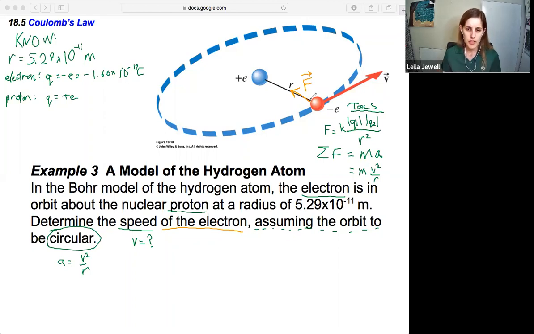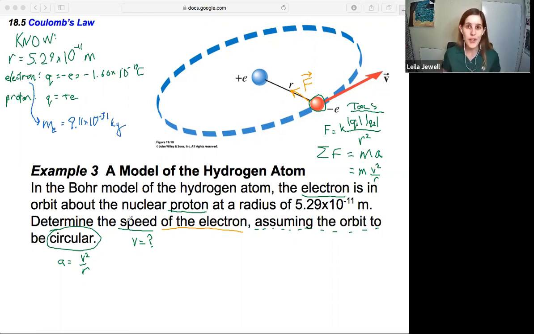Well, remember, we're focused on this electron here and what it's experiencing. Do we know anything about the mass of the electron? Why, yes, in fact, we do. If you remember back in the very first section, we talked about the mass of the proton, neutron, and electron. So here we're going to pull in the mass of the electron. The mass of the electron is, and you can look this up, you don't have to have it memorized, 9.11 times 10 to the minus 31 kilograms.